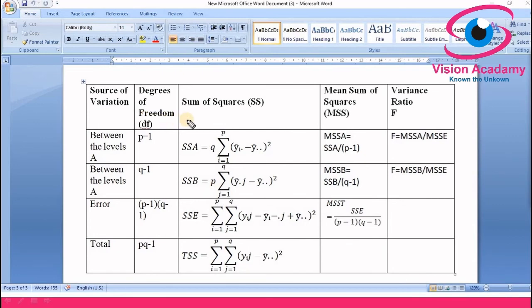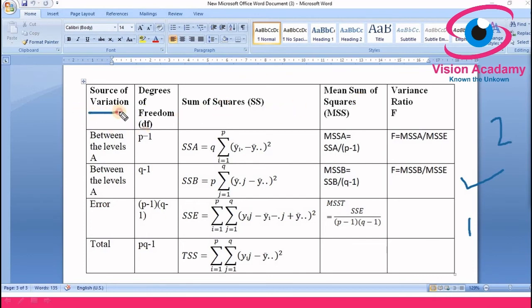The formation of the table is similar to one-way ANOVA, but one more row is added in two-way ANOVA, because in one-way ANOVA we had only one predictor value, but in two-way ANOVA we have two predictor values. So for this purpose, one additional row is added. Except for that, all the tables are the same.